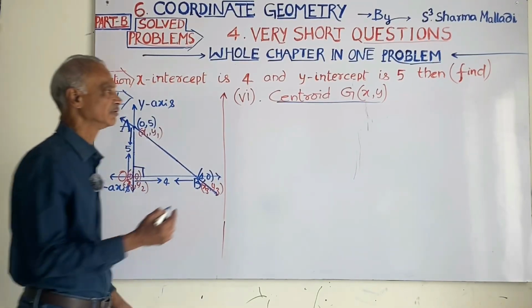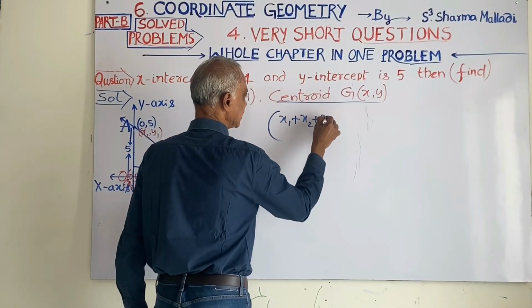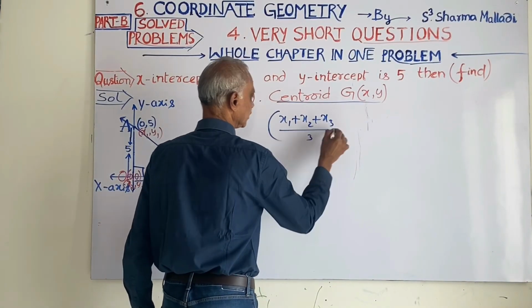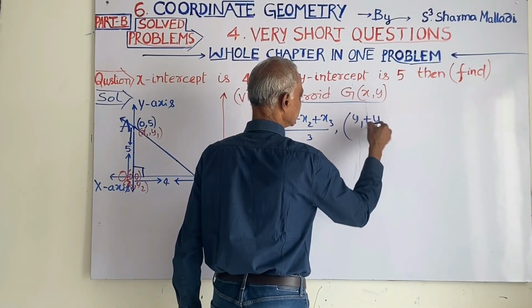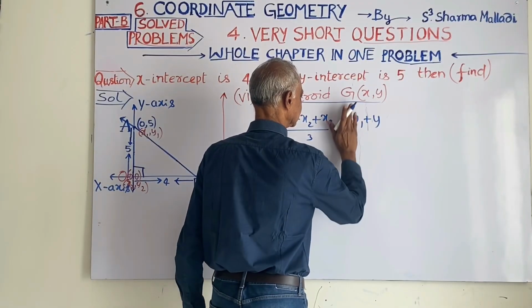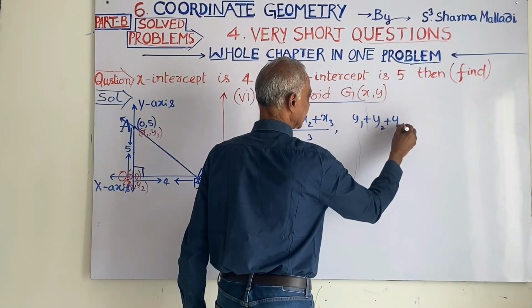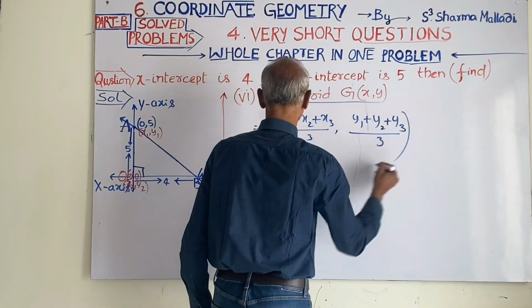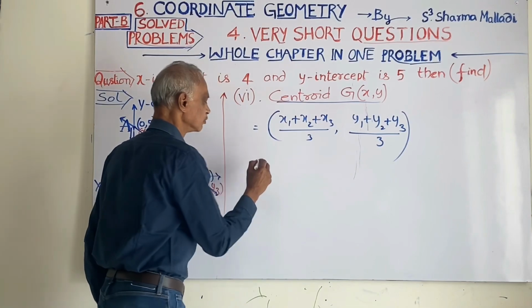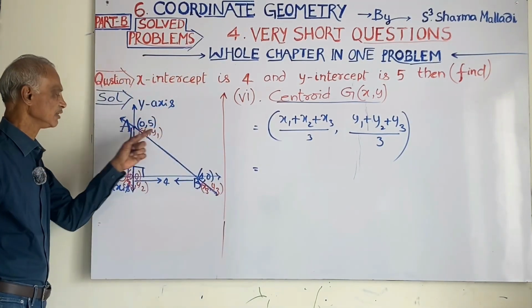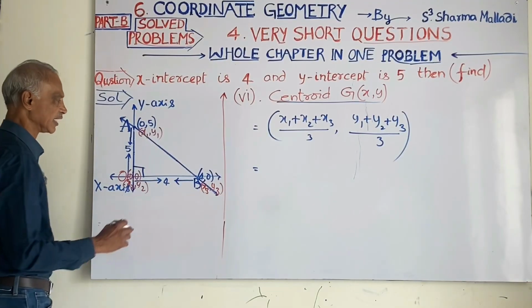What is the formula we have? x1 plus x2 plus x3 by 3, comma y1 plus y2 plus y3 by 3. This is the x coordinate and this is the y coordinate. Now see x1 y1, x2 y2, x3 y3. We have to find the centroid of the triangle.